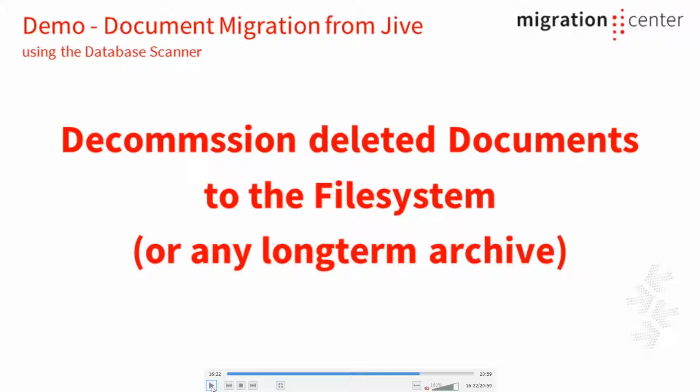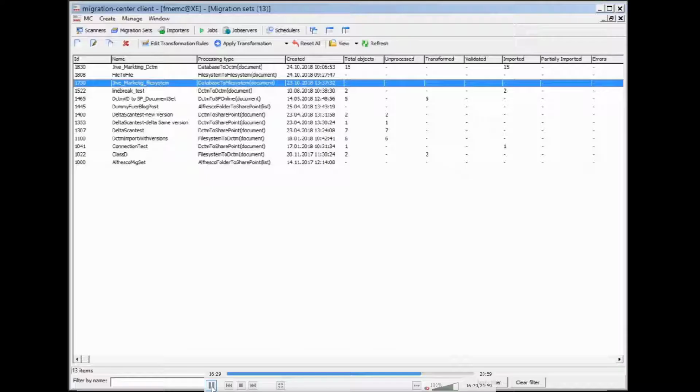For this demo, we don't have a long-term archive here, so we migrated to the file system, showing you how we can migrate to several different target repositories. So it's quite easy to set up this new migration path.